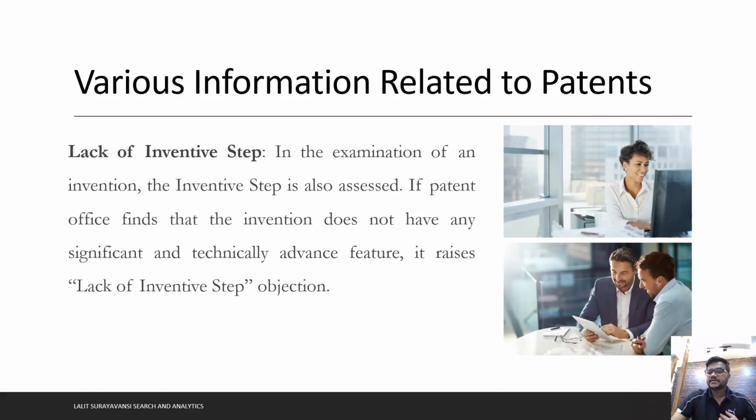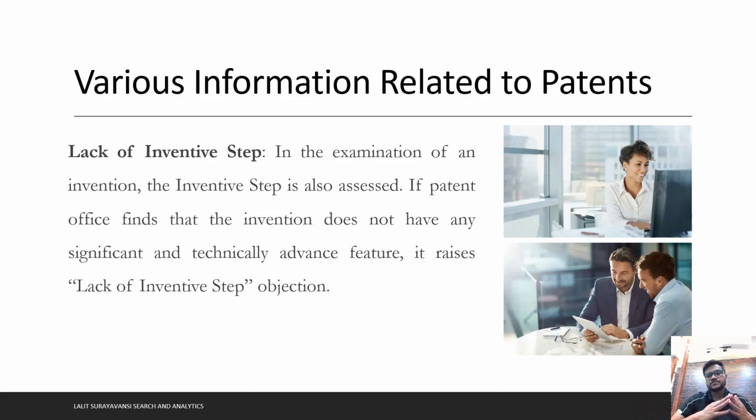And the second thing is lack of inventive step. So what happens in lack of inventive step? Now instead of one document, let's say your invention has 3 features. Your invention can do 3 things. Okay, so for each feature they will identify an individual reference.